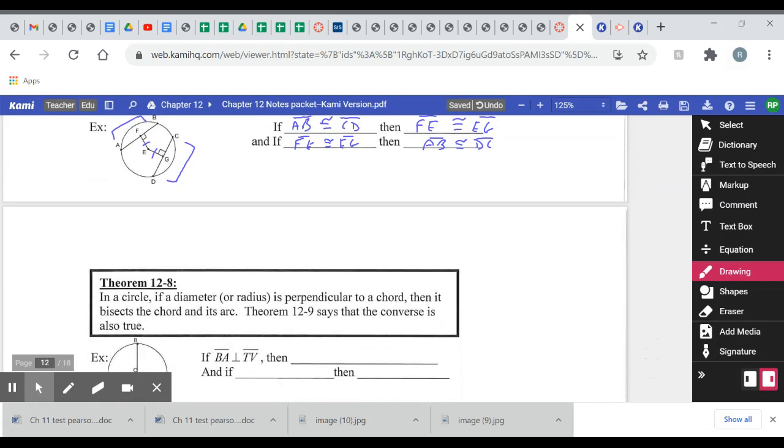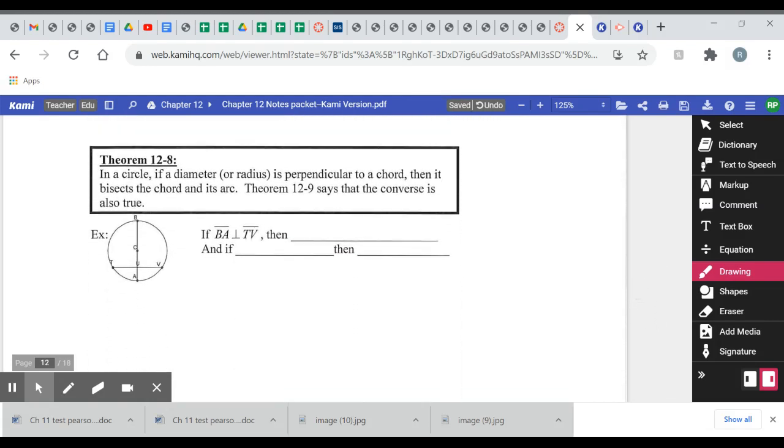All right, and then the last little bit here is theorem 12.8. Theorem 12.8 says, in a circle, if a diameter or radius is perpendicular to a chord, then it bisects the chord, or cuts in half the chord and its arc. Theorem 12.9 says the converse is also true. So if segment BA is perpendicular to TV, or forms a right angle, so if we know that these are both right angles, then we know that TU must be congruent to UV.